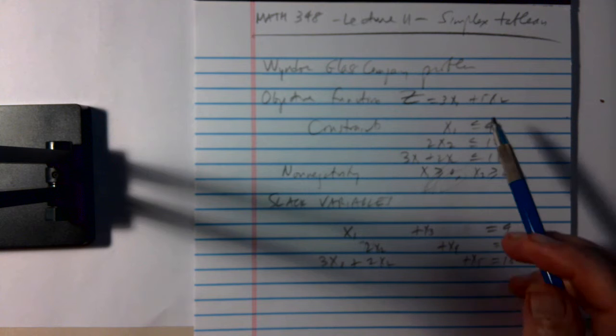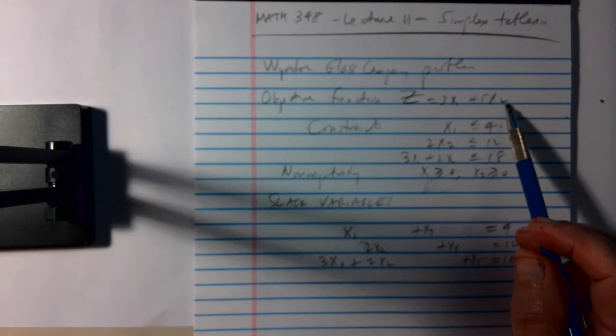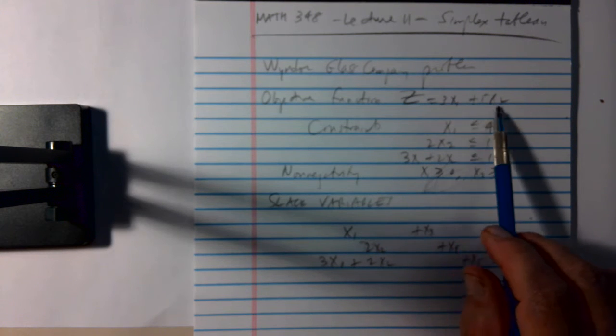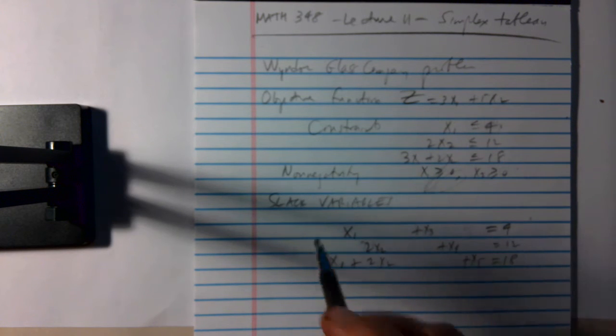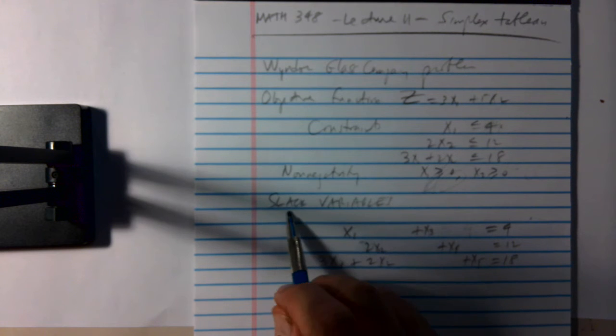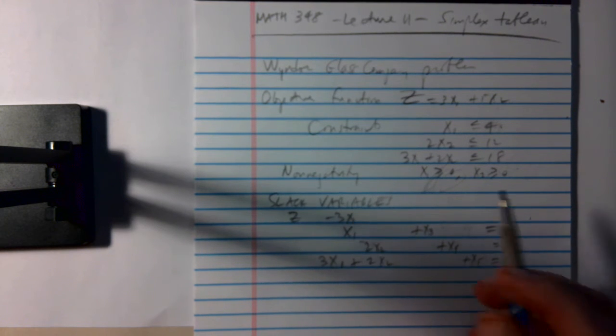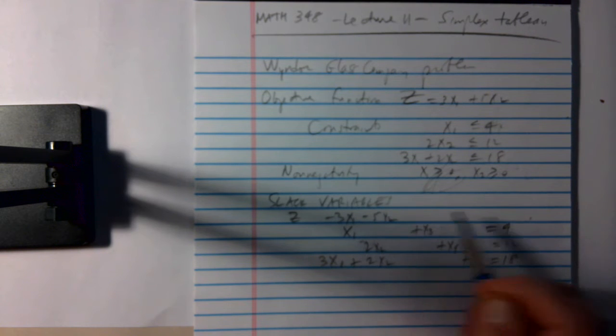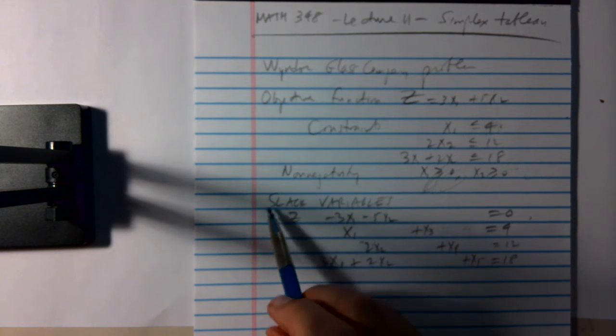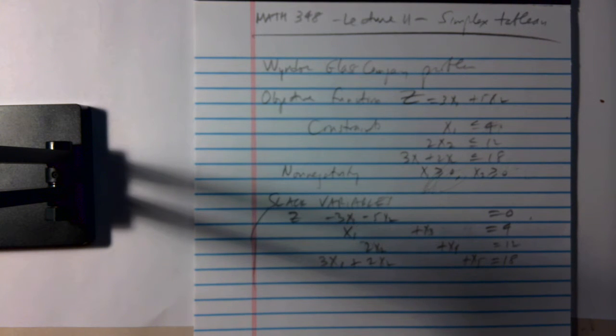And I also want to take our objective function and bring the right-hand side to the left-hand side. So I'm going to write this as z minus 3x1 minus 5x2 equals 0.